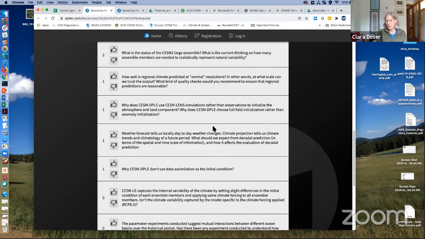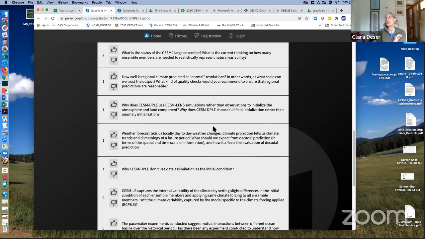There's a very nice paper by Sebastian Milinski, and the title is "How Large Does a Large Ensemble Need to Be?" So very self-explanatory title. And in that, he shows that, of course, it all depends on your research interest, the time scale of interest, the regional scale of interest, and also on what moment of the distribution you're interested in.